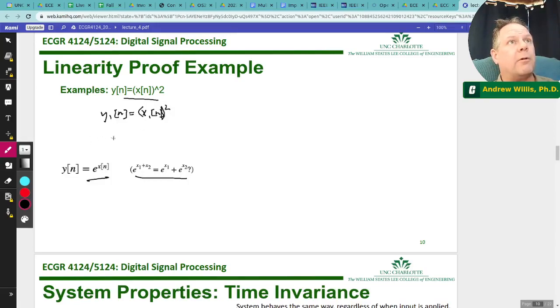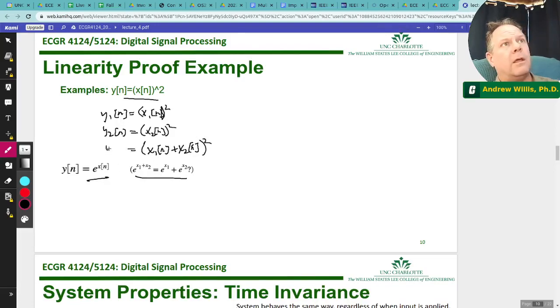Sorry, it's supposed to be parentheses. y2 of n is equal to x2 of n squared, and then we need to put two values in and then take the square of that. So y3 is going to be x1 plus x2, and then the system operates on it by squaring it. And then we ask ourselves, is y3 equal to y1 plus y2?